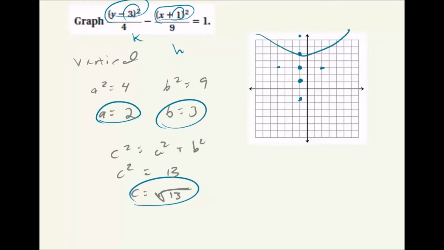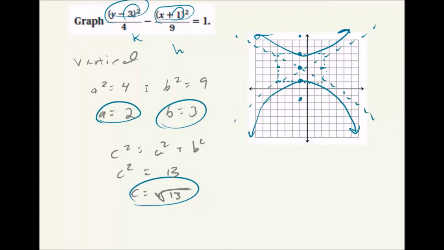Drawing this graph will look something like this, with this box being in the middle, because that's what we know hyperbolas look like. It has these asymptotes that run through.